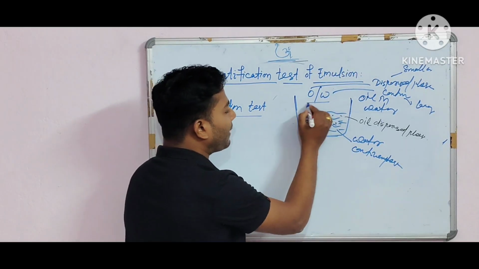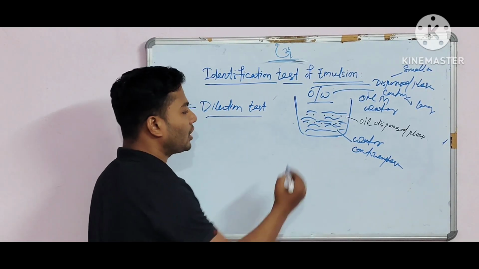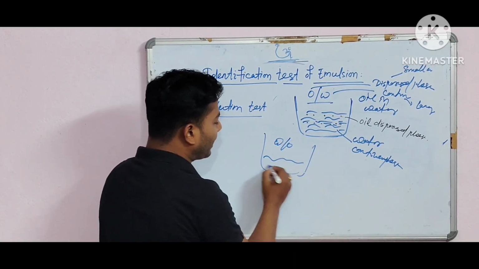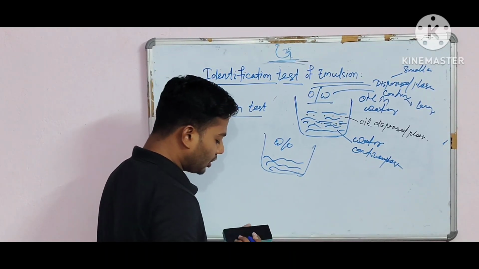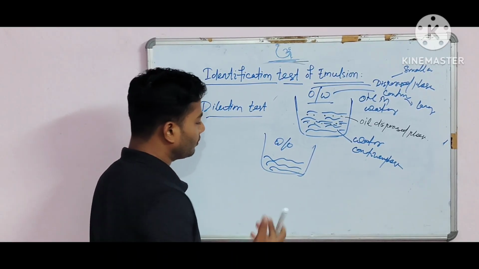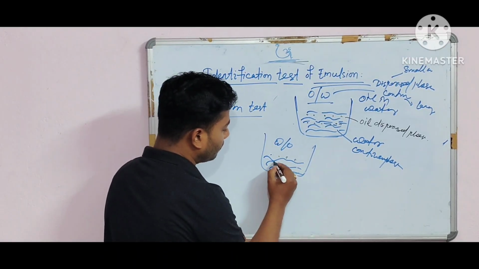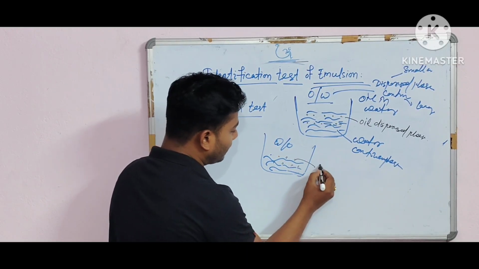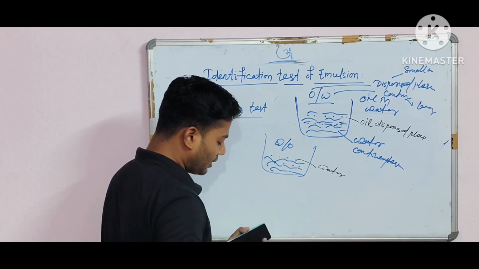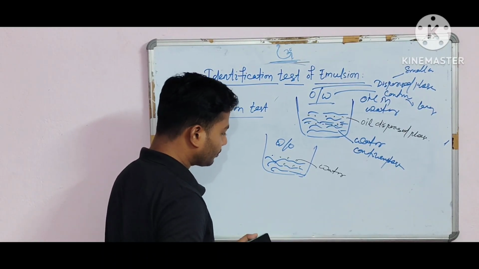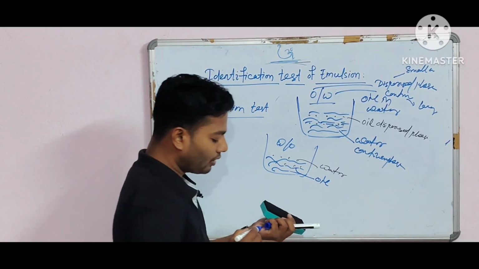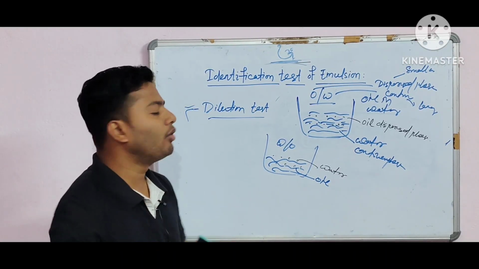So before preparation of the O/W type of emulsion, or before preparation of the W/O type of emulsion, this is the water part and this one is the oil part. Listen carefully to what I am telling.